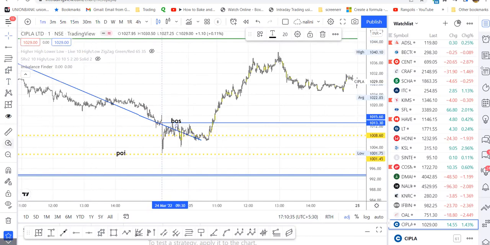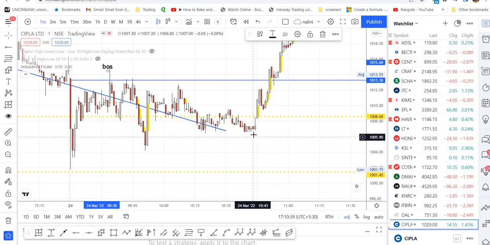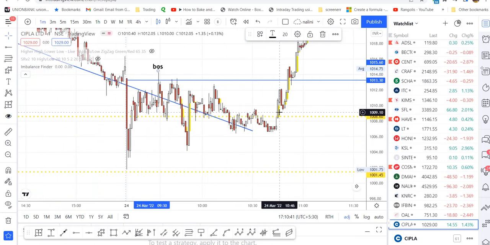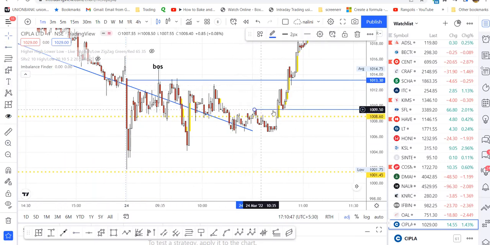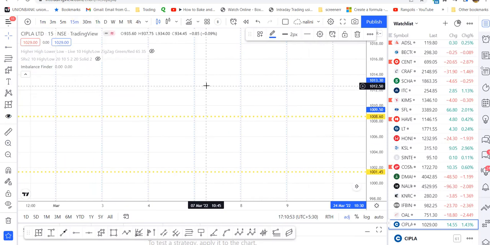Here you can see the break of the structure. Okay, let me change the time frame to 15 minutes.